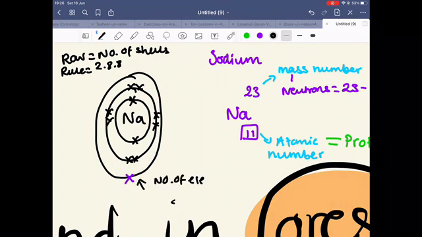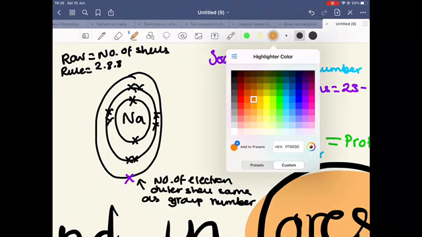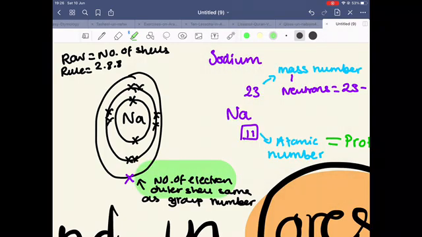So sodium is in group 1, so it has 1 electron on the outer shell. The other way you can figure it out is just looking at the atomic number, the electrons, and just doing 11 minus how many you've already filled up. Okay, so the number of electrons on the outer shell is the same as the group number.